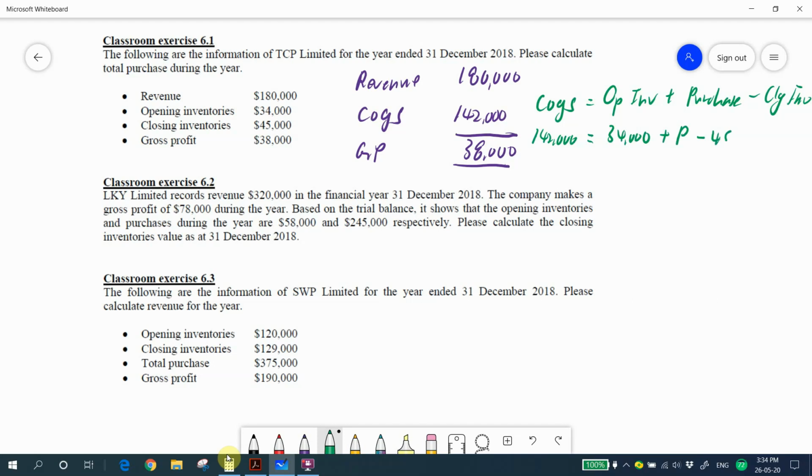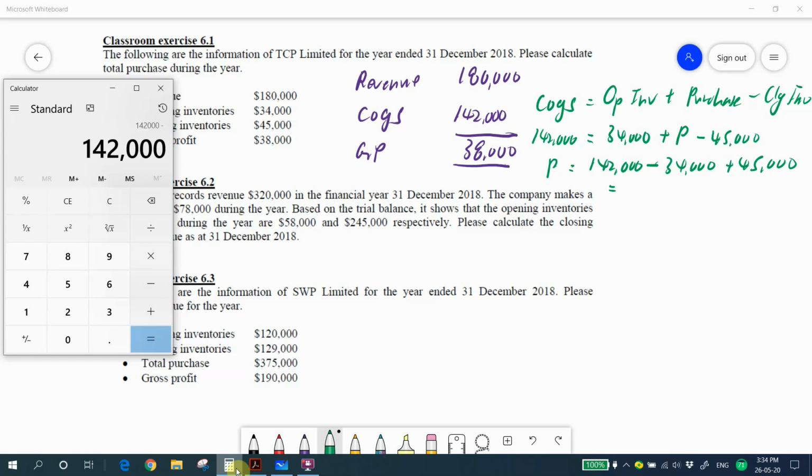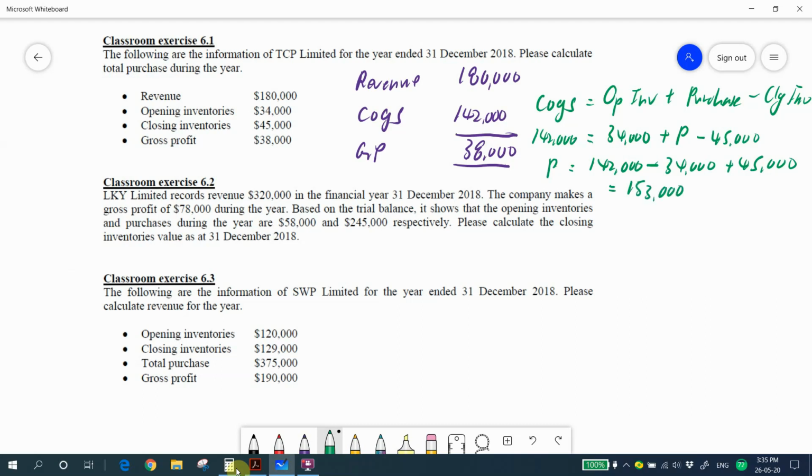Closing inventory is 45,000. So purchases equals 142,000 minus 34,000 plus 45,000. The total purchases during the year is 153,000. So this is using the trading account to get the missing information, which is your purchases. Let's try another one.